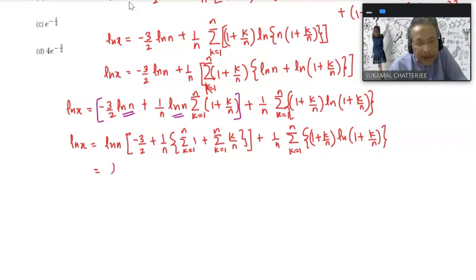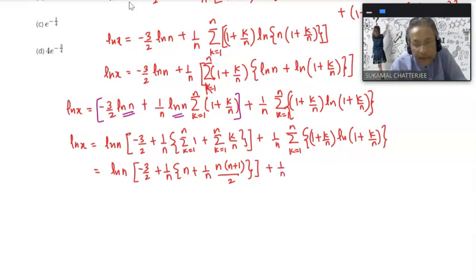Simplifying, you get ln of n times minus 3 by 2 plus 1 upon n, and then the summation of 1 n times, so you get n here, plus 1 by n into the summation of k, which gives you n into n plus 1 by 2, plus 1 upon n, summation of k equals 1 to n of 1 plus k upon n ln of 1 plus k upon n.